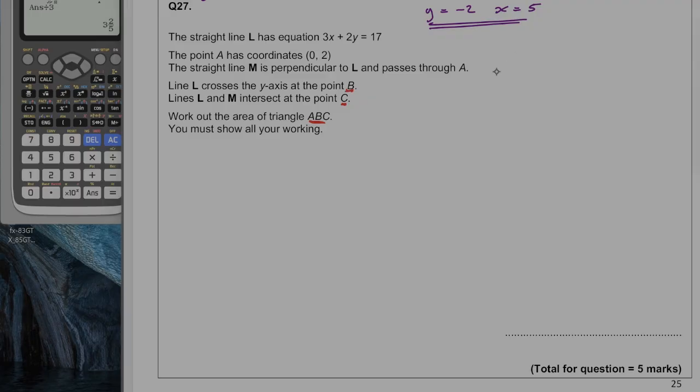Right, to visualize this, I'm going to do a real rough sketch of it. The line L, so we're looking at roughly the coordinates here, it doesn't really matter, 17 over 3. So when y is 0, 17 over 3, we've got positive.